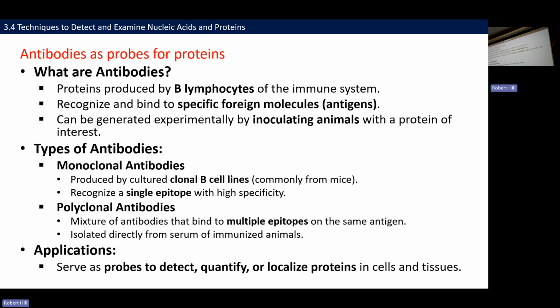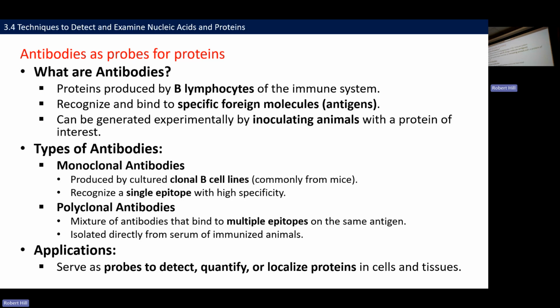You can also detect molecules using antibodies. Antibodies are proteins that contain a couple of different regions. We talk a lot about antibodies in this class. They have what's called the FAB region, which is specific against an epitope. What are epitopes?